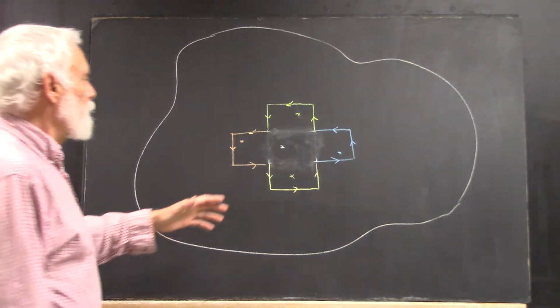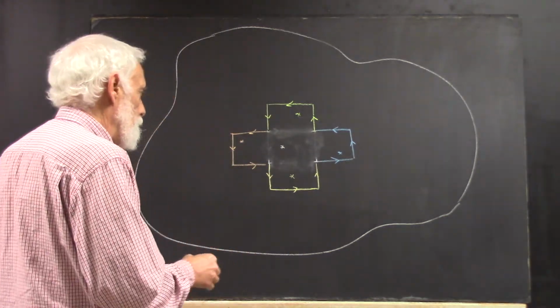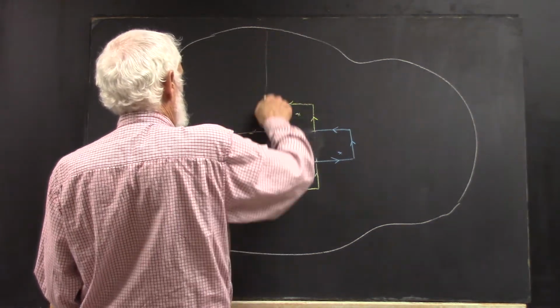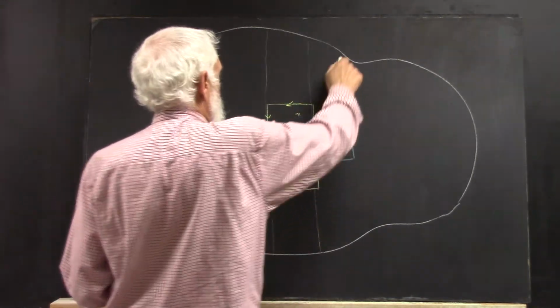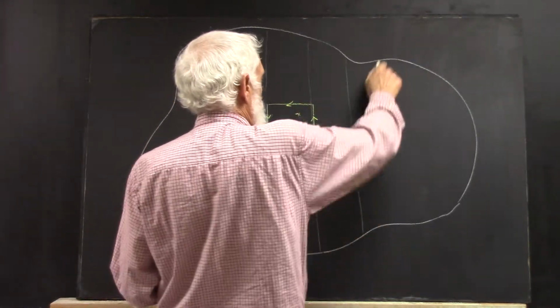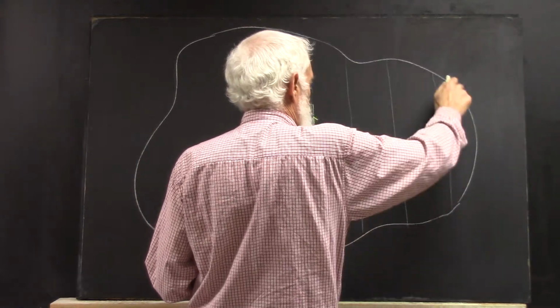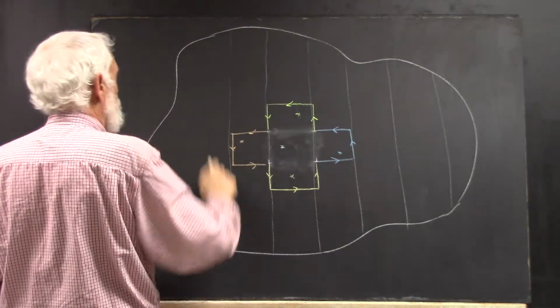Okay, well, it's clear that I can continue and essentially then take the region and split it up into rectangles, although not perfectly.